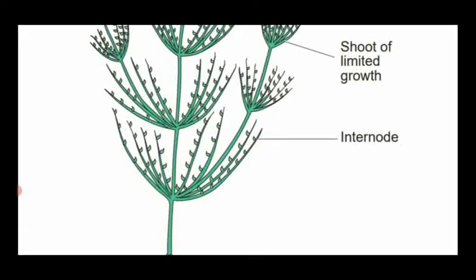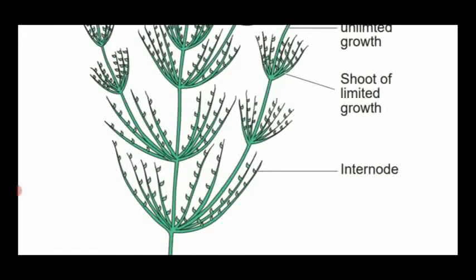Then nodal cells are uninucleate, which contain few ellipsoidal chloroplasts. Internodal cells are elongated, containing a large central vacuole, many nuclei, and numerous discoid chloroplasts.